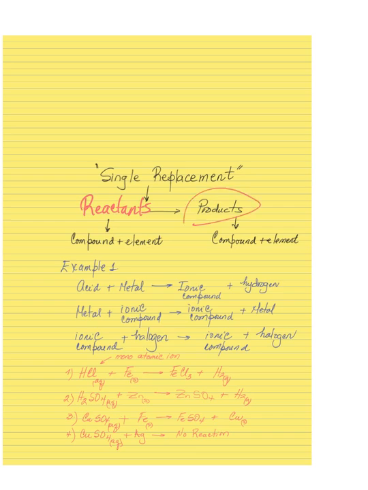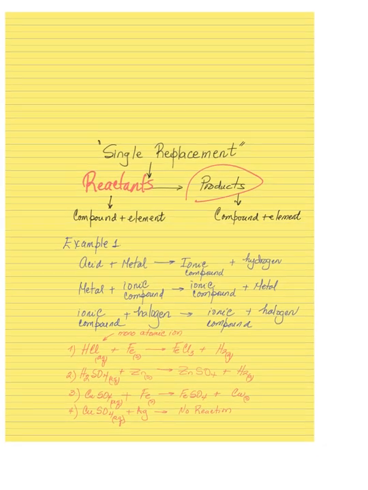And at the end you're going to have the same: a compound and an element, because the element that was reacting with the compound is going to displace another element in the compound, and then you have a new compound plus the element that was replaced. Questions about that? No? Okay.